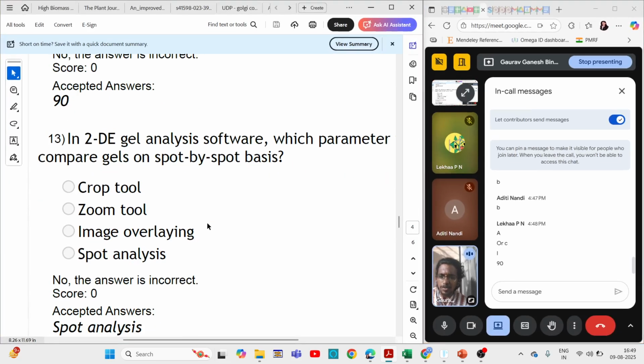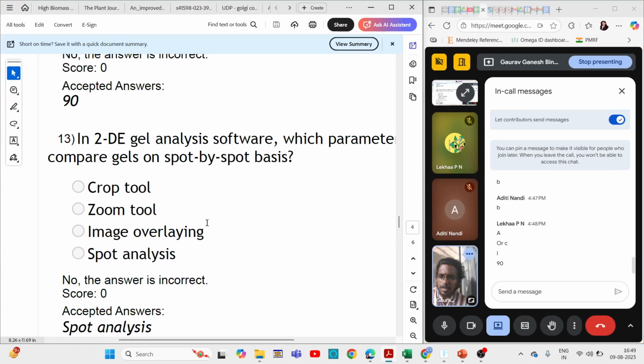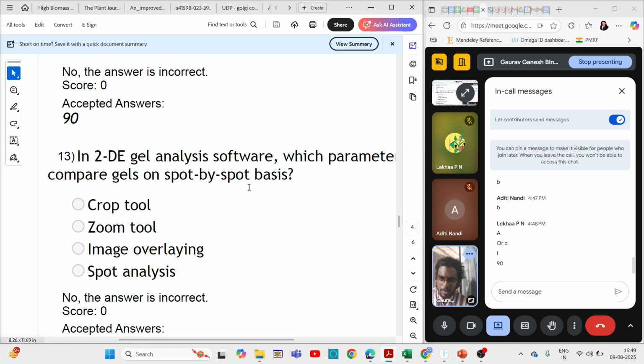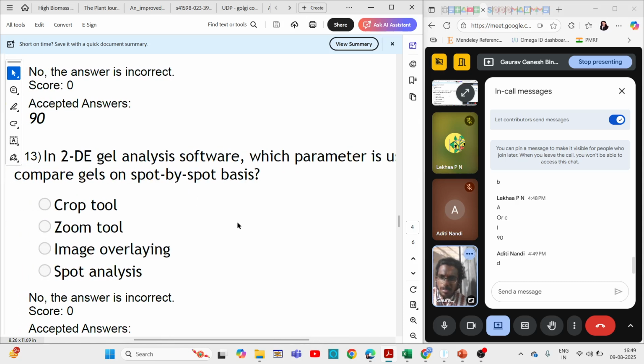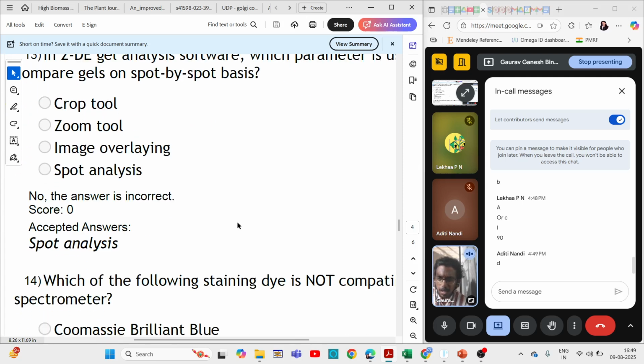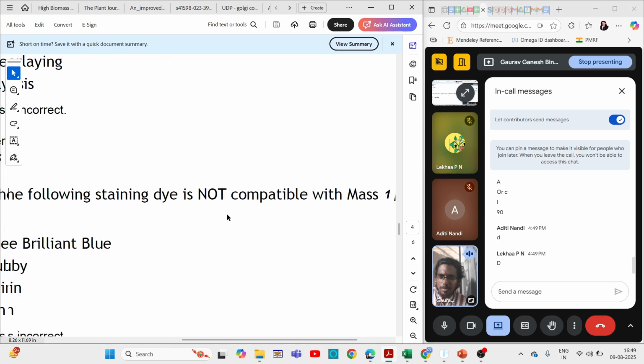In 2D gel analysis software, which parameter is used to compare gels spot by spot? The question itself is giving you the answer. So which is the spot by spot basis analysis? It's spot analysis. Which of the following stain dyes is not compatible with mass spec?